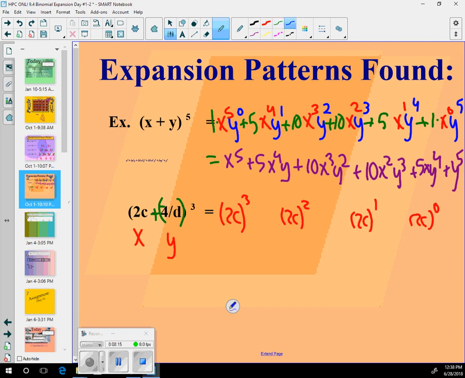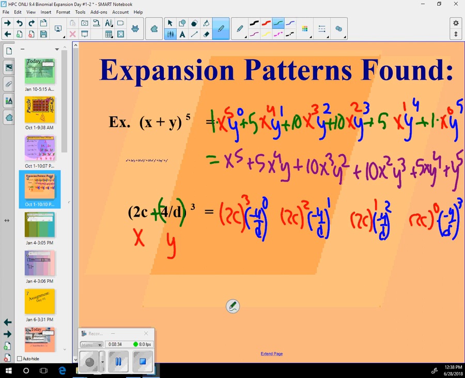Then go negative 4 over d to the 0, negative 4 over d to the 1, negative 4 over d to the 2, negative 4 over d to the third.